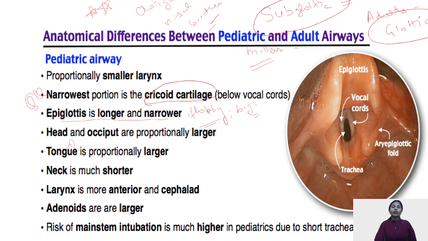And one more important thing that I told you in the last class was that in pediatric airway we generally prefer using an uncuffed tube because of the fear of damage to the subglottic area leading to subglottic stenosis. But recently we have micro cuffed, very soft cuffed tubes, and it has been shown that cuffed tubes do have an edge over the uncuffed tubes even in pediatric airways.